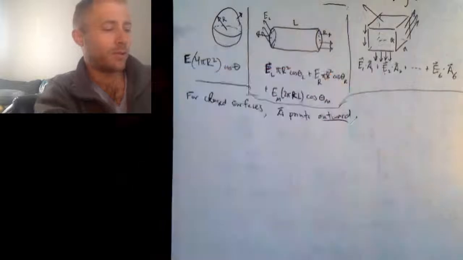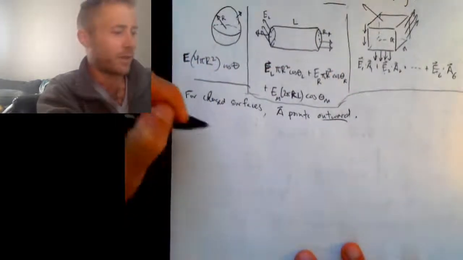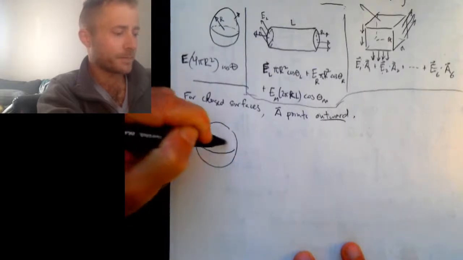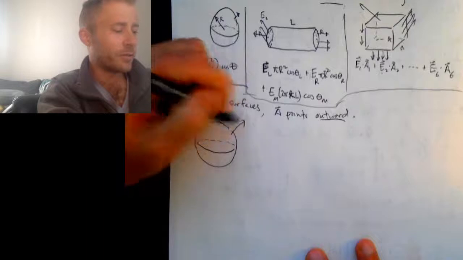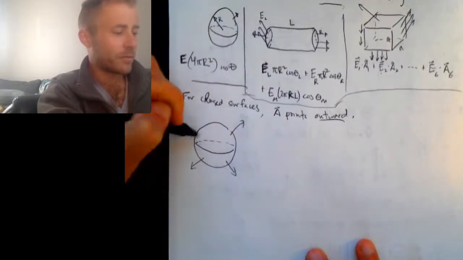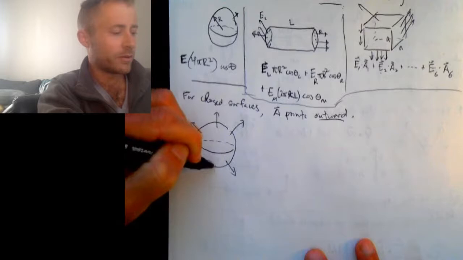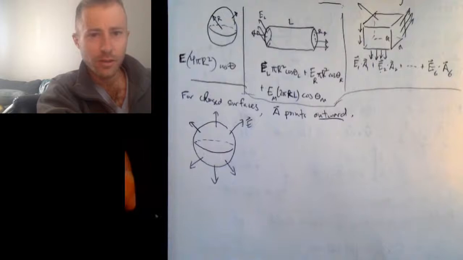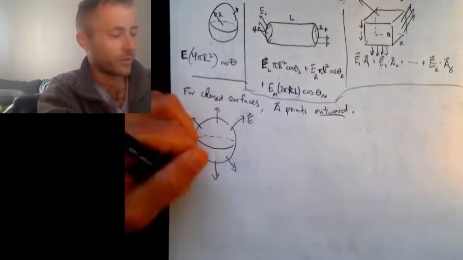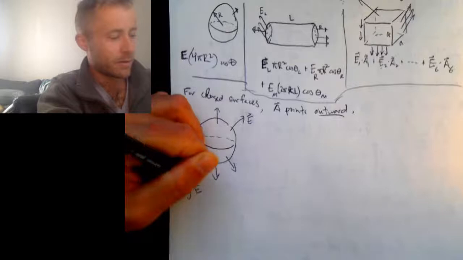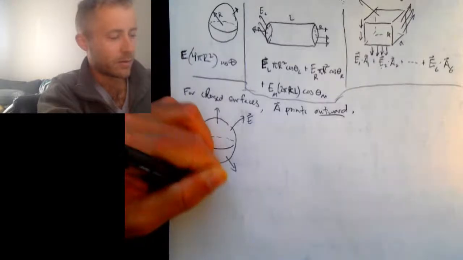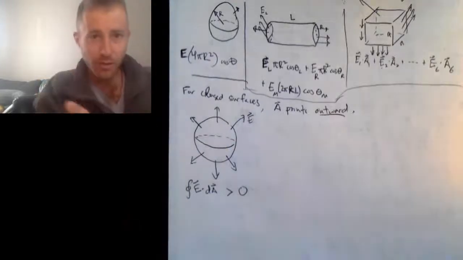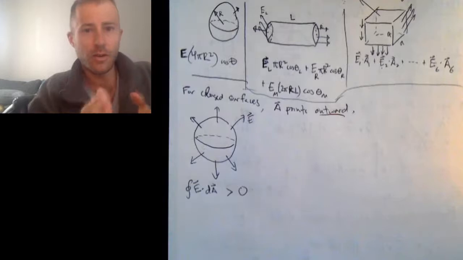So let's suppose you have a spherical surface, and maybe the electric field is pointed out, away from the center of the sphere. In this case, the flux through that surface is going to be positive, because the area vector points out and the electric field points out.